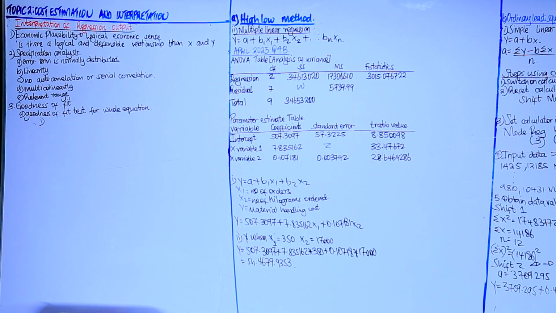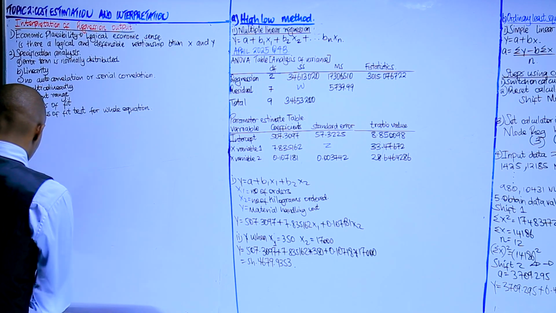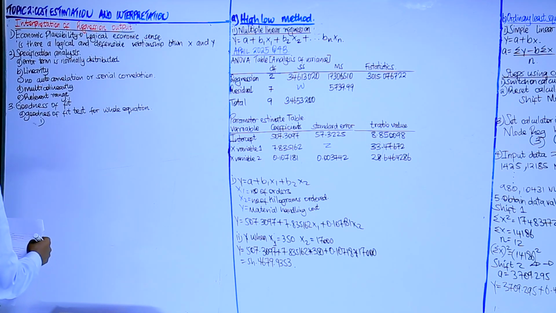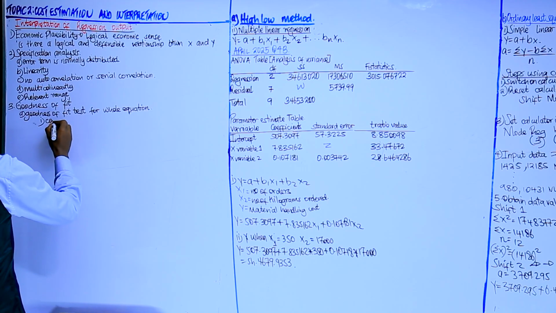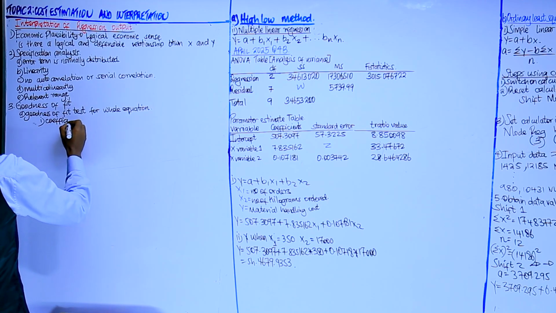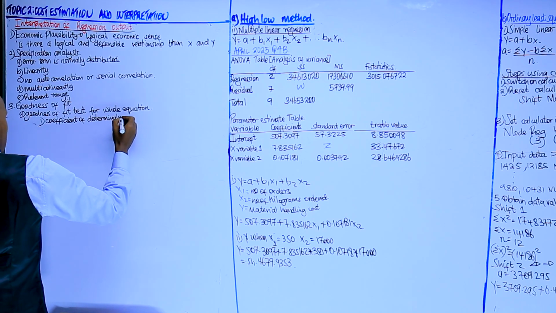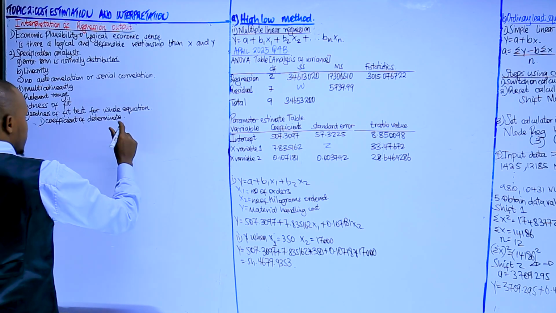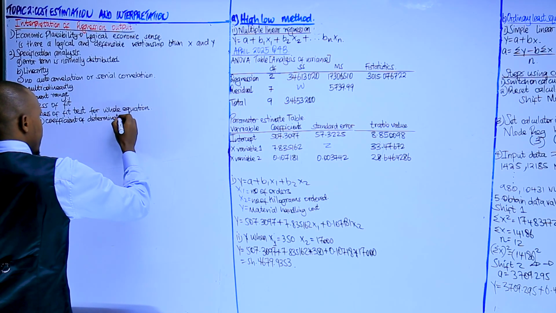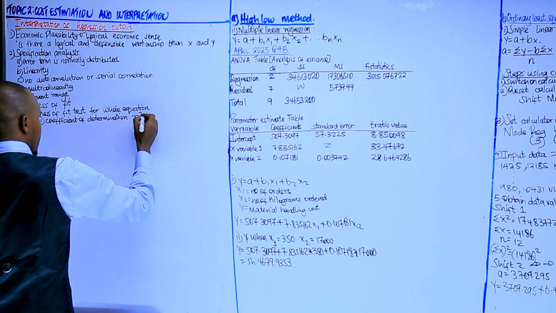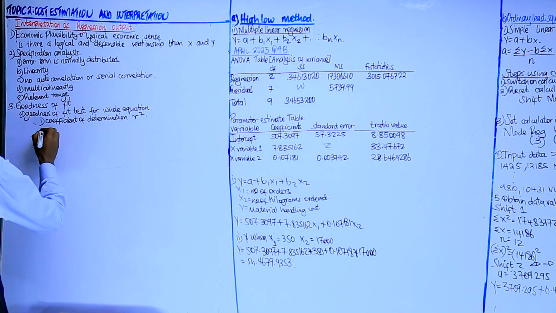You have number one, correlation, standard error of estimate and coefficient of determination. The coefficient of determination is denoted as R squared. We'll talk about that in a few.